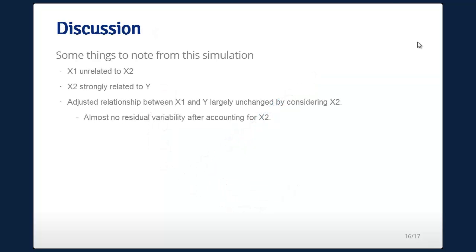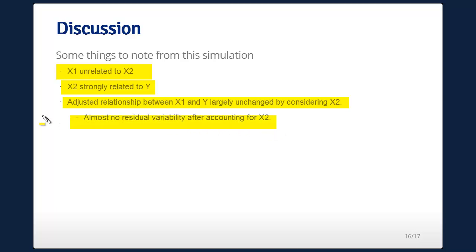At any rate, the point of this example was just to give you an example where, in this case, x1 was unrelated to x2, x2 was strongly related to y, but the adjusted relationship between x1 and y was largely unchanged by considering x2, which makes sense given that first point. The magnitude of the slope changes. However, the residual variability is changed dramatically by considering this other variable.